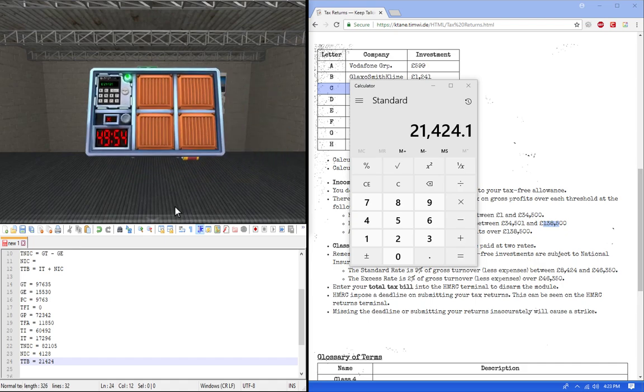So I'm going to blank this screen here for a follow-up. There we go. Give me 1 minute here. So I'll give you all the numbers that you're going to need, and of course all the edgework as well.